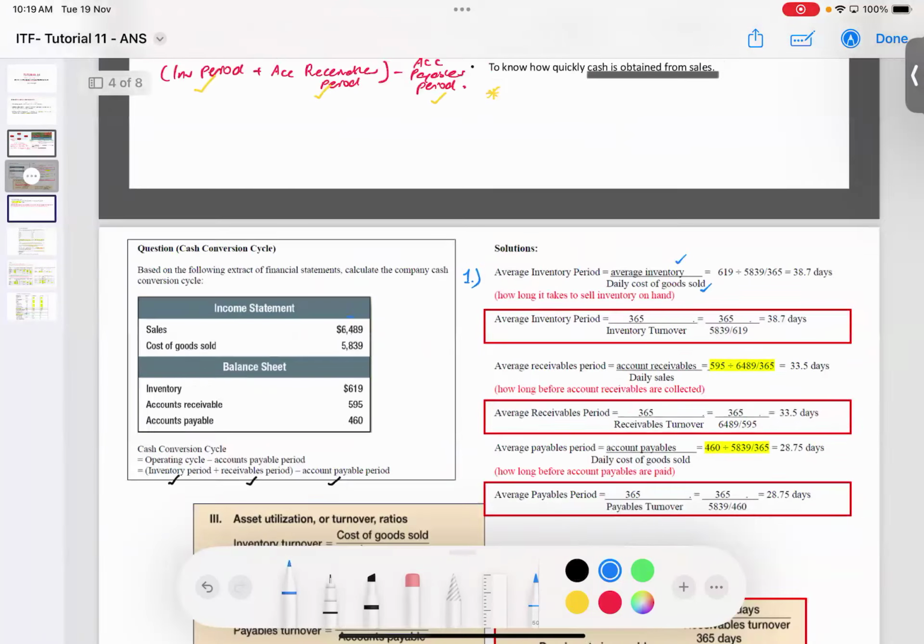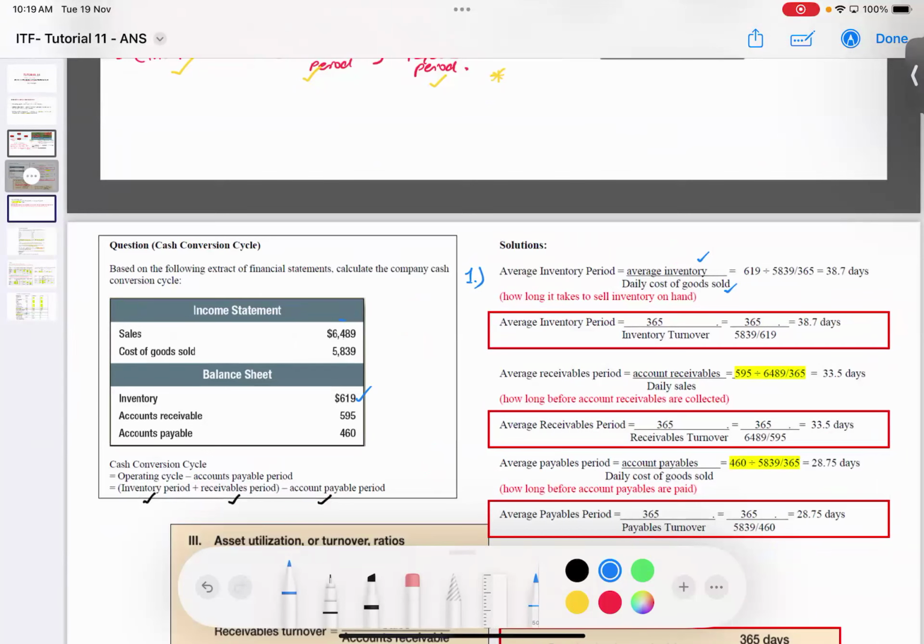Average inventory is this one, 619. For daily cost of goods sold, I use cost of goods sold, 5839, divided by 365. That's how you get the daily cost of goods sold, and you get these answers.